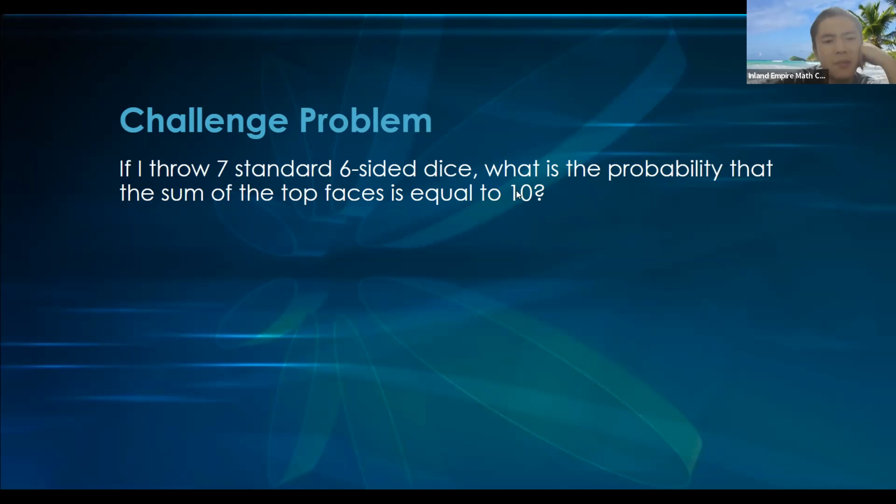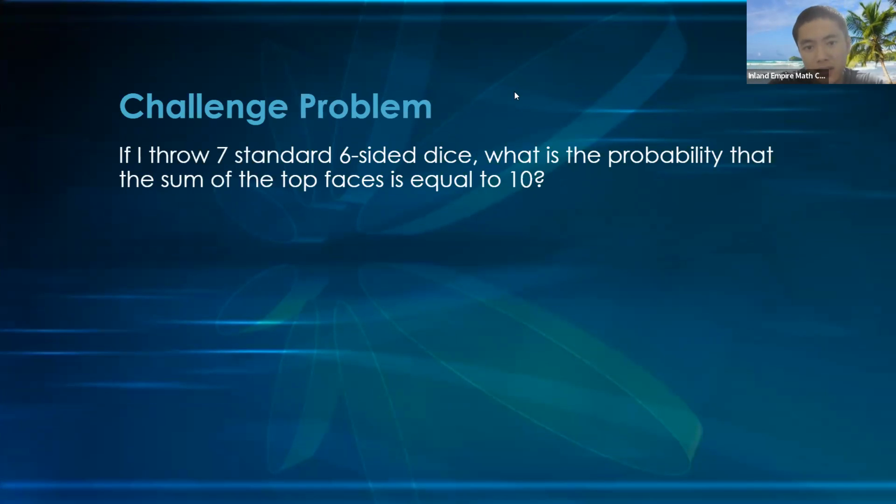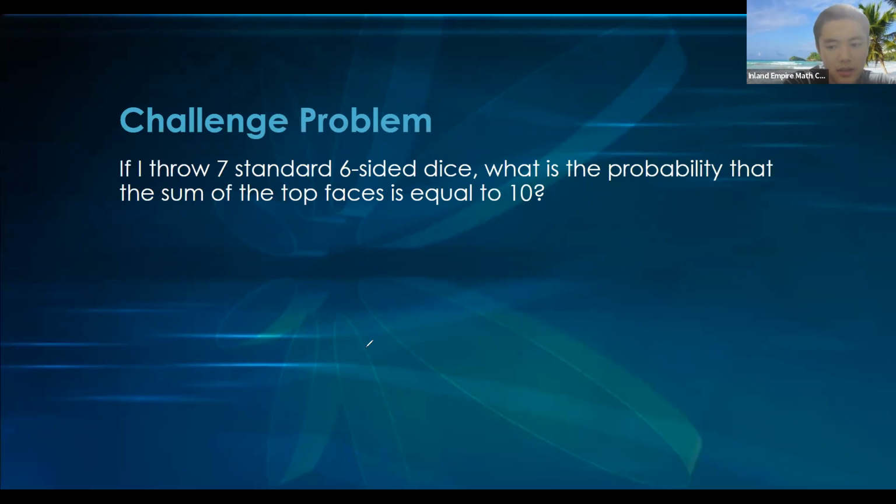So the total number of outcomes is actually pretty simple, right? Because each dice has 6 choices. There's 6 ways for each dice to decide what number it wants to be. So each dice, 6 choices, but we have 7 different dice.